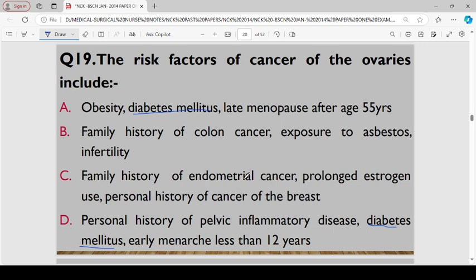So family history of endometrial cancer, looking at the ovaries, yeah, this one will be more associated with it than this one. Exposure to asbestos, infertility, yeah. Then prolonged estrogen use, yes, and family history of cancer of the breast, yeah. This one is at a greater risk of developing that disease compared to the others.